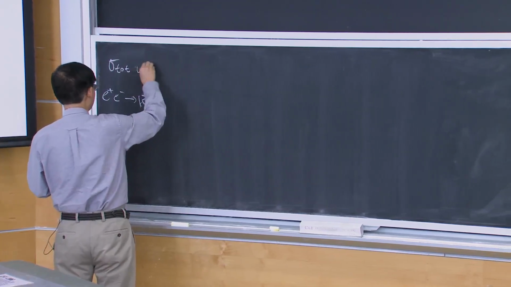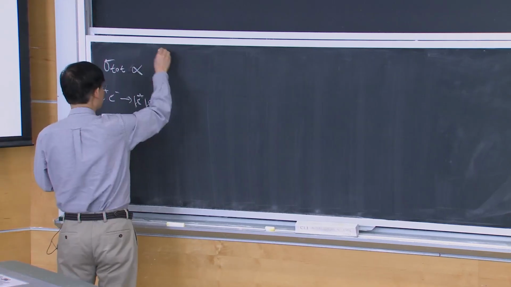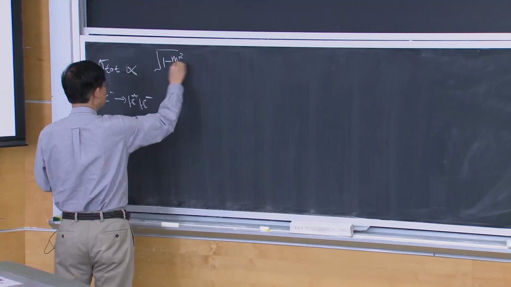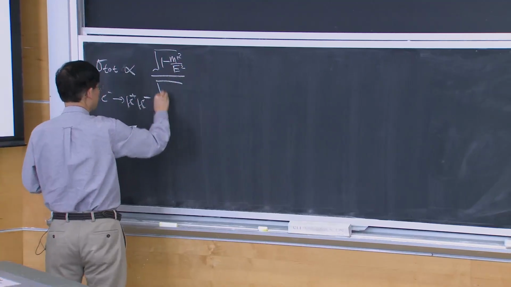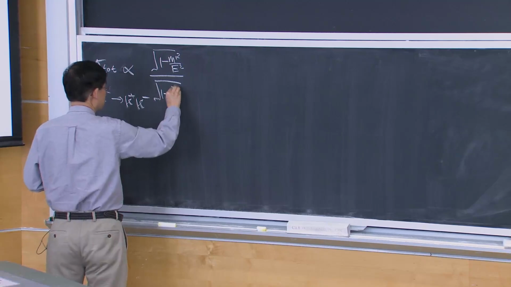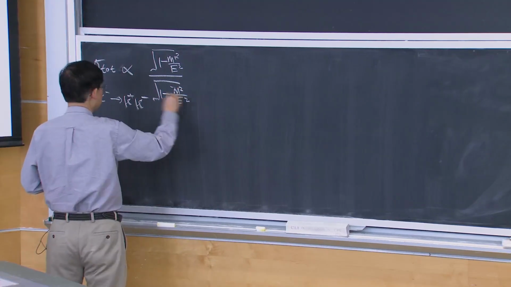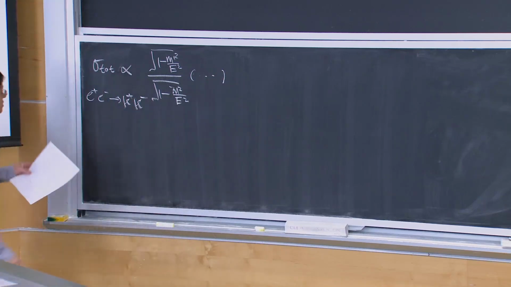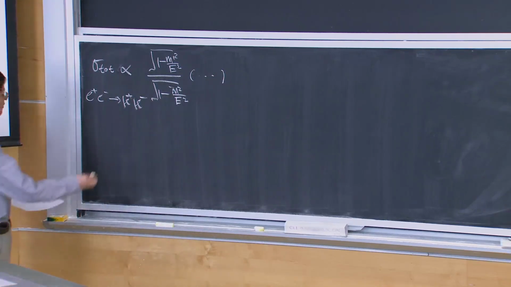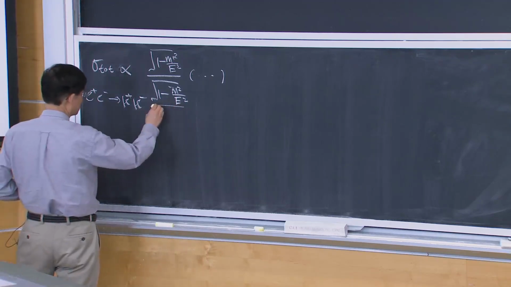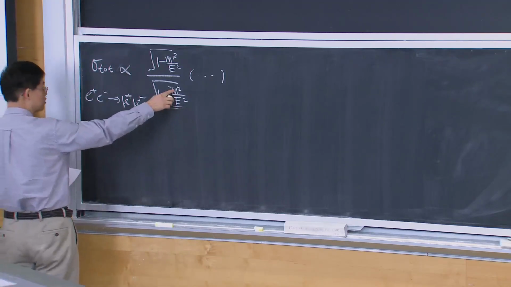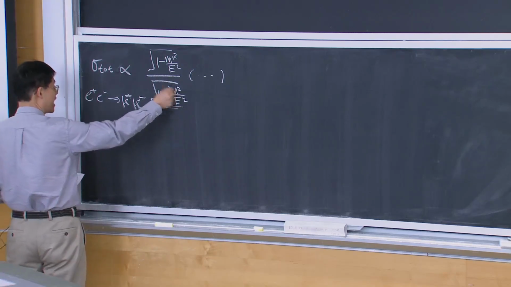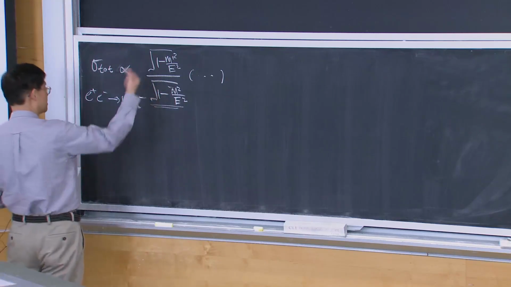There's a factor like this: m'^2 E^2 divided by m^2 E^2, and then times something else. The funny feature is that this factor seems to blow up when E is equal to m. If you decrease E to the value of m, this seemingly blows up.